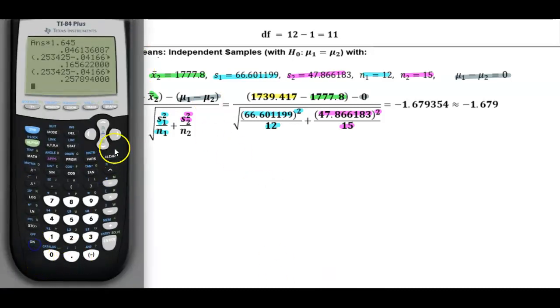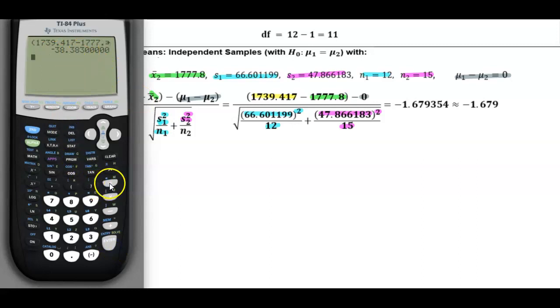Okay, so I'm going to go ahead and do the following. In the numerator, we're going to take parentheses 1739.417, and then we're going to subtract 1777.8. Right? And then we're subtracting 0. If we subtract 0, we're still going to get the same number. So this is what we're going to get in the numerator.